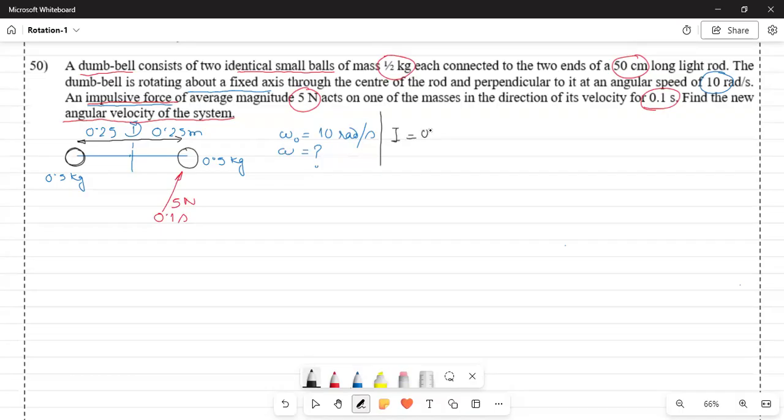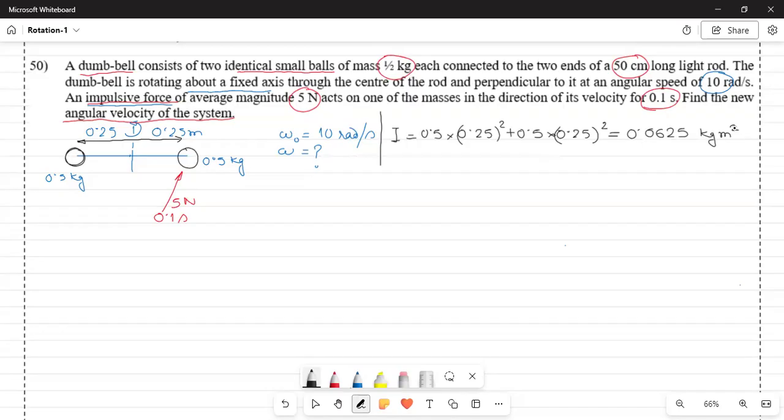So m is 0.5, r is 0.25, whole square, plus once again the same thing, 0.5 into 0.25 whole square. So altogether 1 multiplied by 0.25 whole square, that means it is 0.0625 kg meter square. This is the moment of inertia.